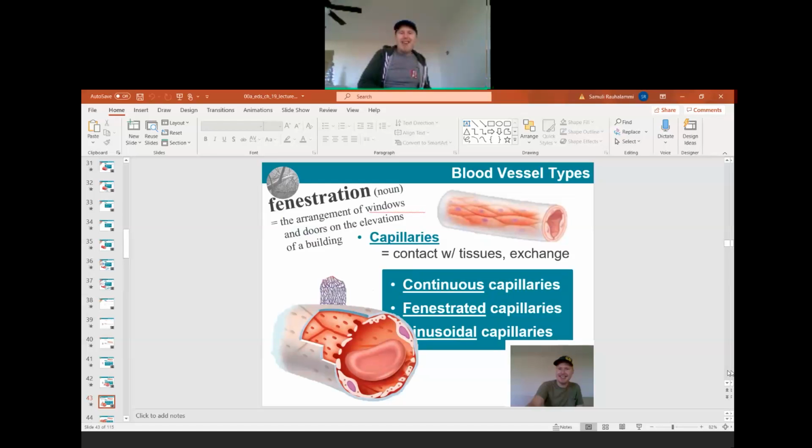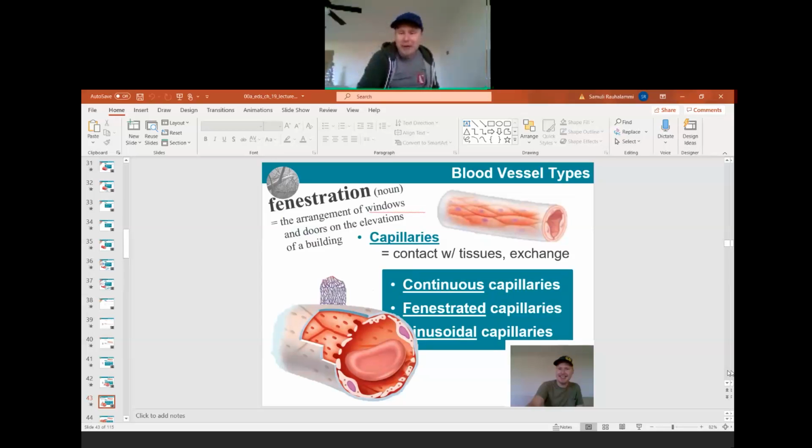So you can see on this wall of this type of capillary that there are little windows in these simple squamous endothelial cells. So these little windows allow for materials to be exchanged even easier than in the continuous capillaries. If you wish to describe it somehow, I think that it looks a little bit like Swiss cheese with all these openings in the wall. So hence the fenestrated, which means the windowed or rich in windows capillary type.